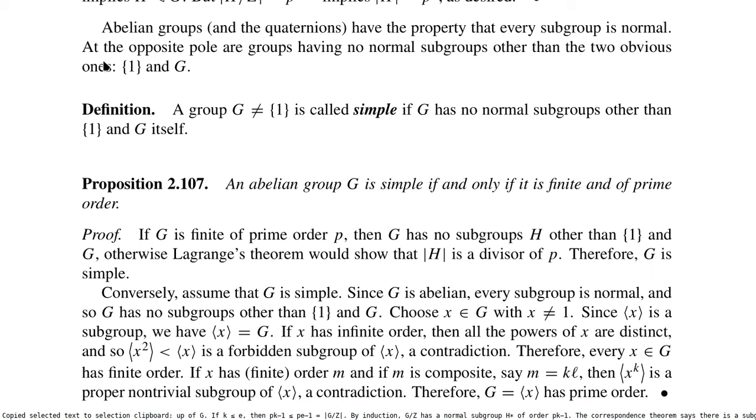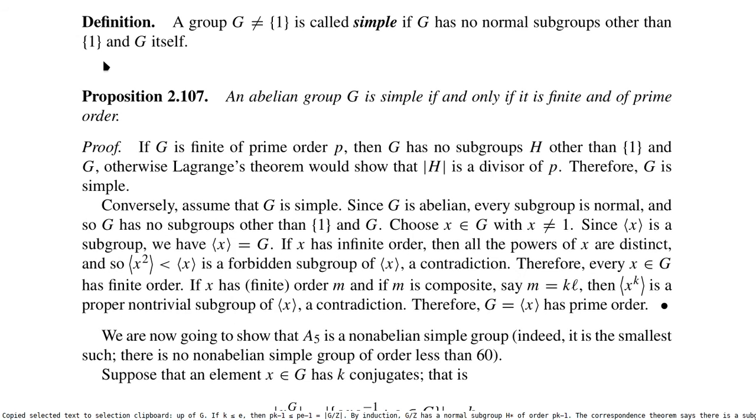So that's the forward direction. The other direction is that when you have prime order and it's finite, it must mean that it's abelian. So this is cool. If you have a group of prime order and it's finite, you have commutativity and you have simple. Okay, so that's cool, right?